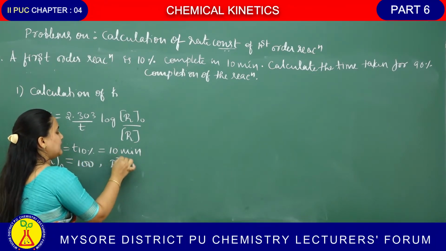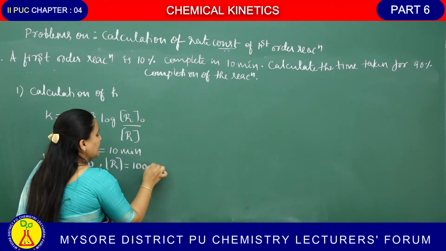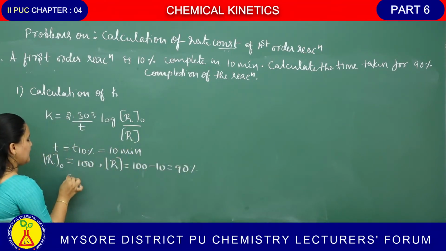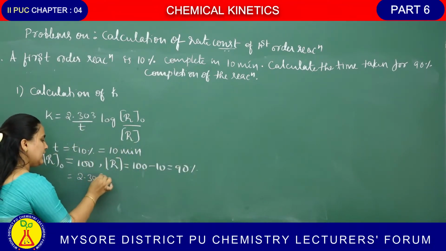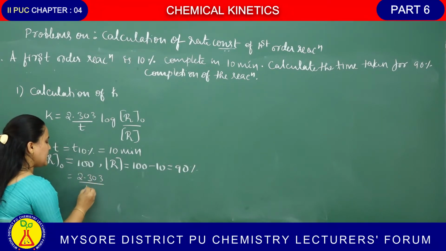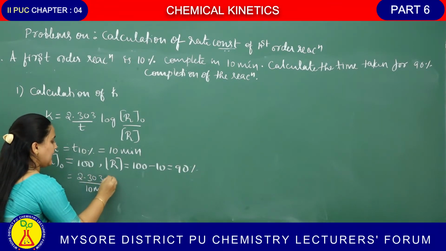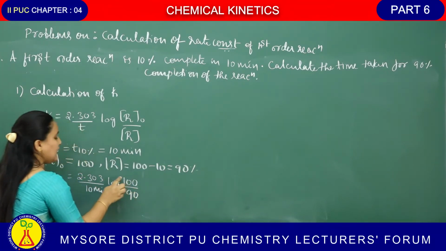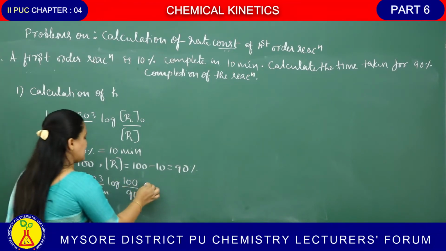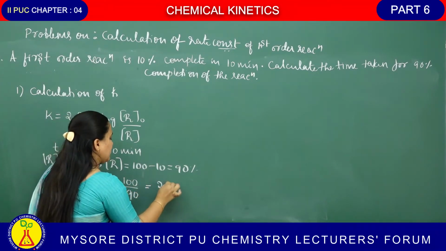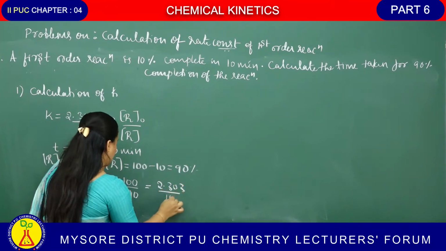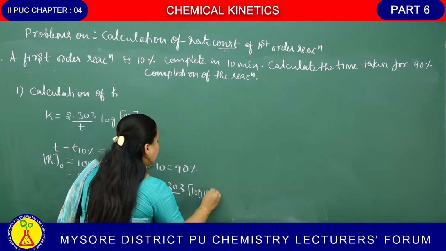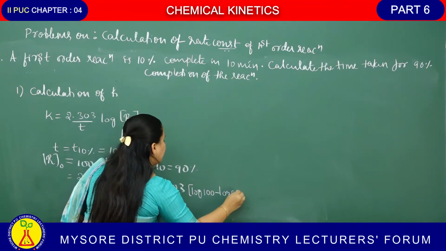R is how much? 100 minus 10, totally 90%. Substitute all the values into the above equation. 2.303 divided by t, which is 10 minutes, and log R naught is 100, R is 90. Log m by n form: 2.303 divided by 10 minutes into log 100 minus log 90.